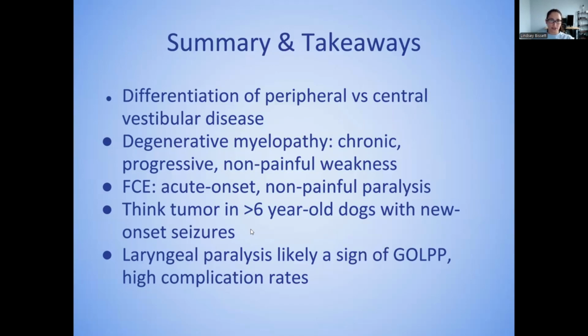For new onset seizures, patients that are greater than 6, think tumor; less than 6, think more likely idiopathic. And that laryngeal paralysis is typically a part of the GULP syndrome, and they do have high complication rates associated with that. Okay. Thank you for your time.